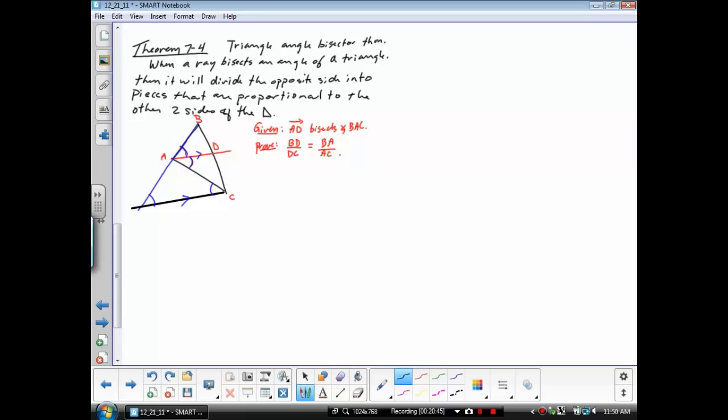First off, to do a proof where you draw auxiliary lines, you have to explain the auxiliary lines. So we extended side BA, and we drew a line through C that intersected that line and is parallel to AD.